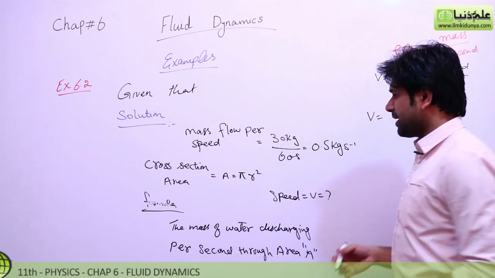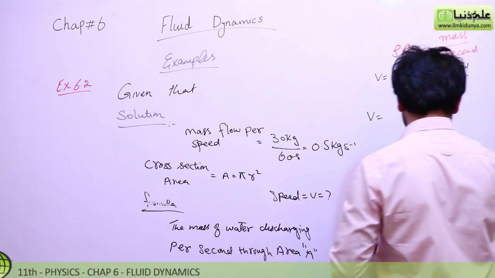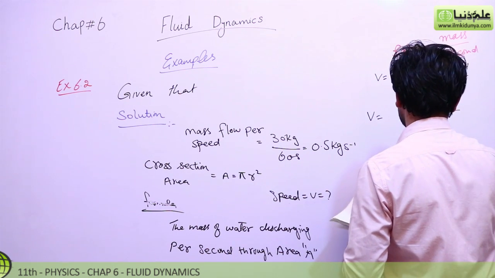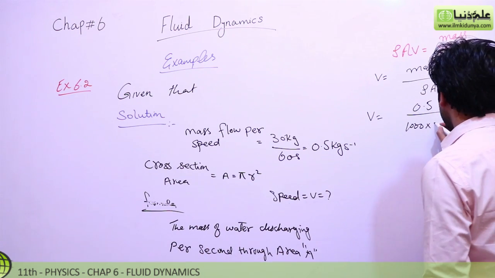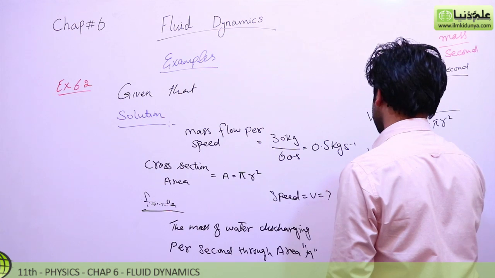Mass per second we have derived here. This is 0.5 kg per second. Rho is 1000 and the area should be pi r square.